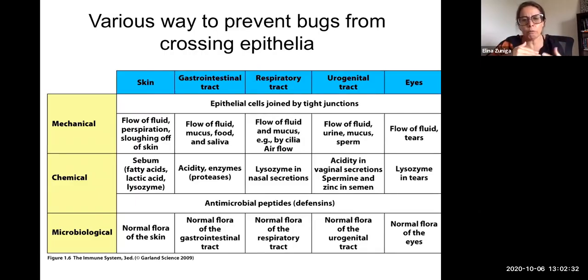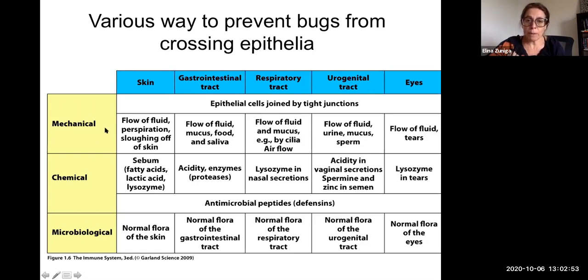So, for example, in our intestine, as we will see, we have tons of bacteria, but not all of them are able to touch the epithelial cells because there is a thick barrier of mucus that is covering the epithelial cells. So this is another example of a mechanical barrier.